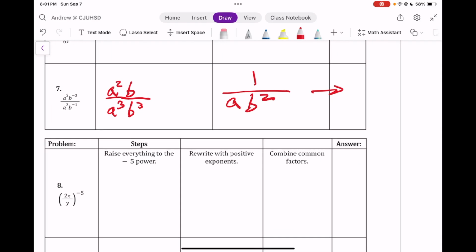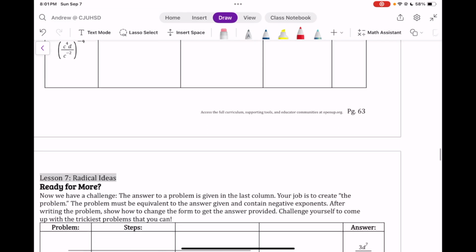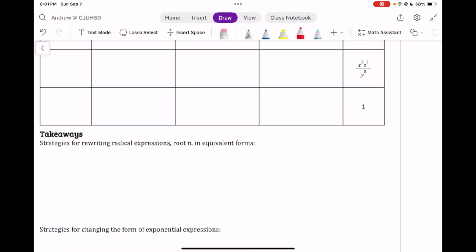Okay, so some more examples of much more complicated things. But for now, let's look at our takeaways. Okay. So ways to rewrite.